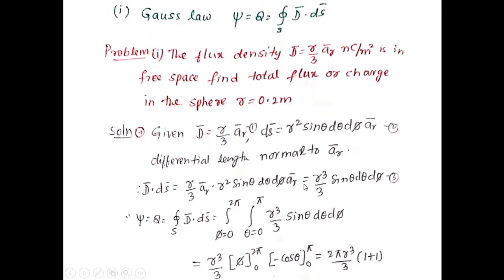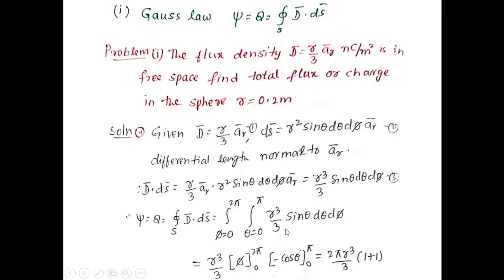ar bar dot ar bar is 1, therefore you will get r cube by 3 sin theta d theta d phi. If you substitute this in the formula psi is equal to Q is equal to the closed surface integral of D bar dot ds bar, here phi varies from 0 to 2 pi and theta varies from 0 to pi.